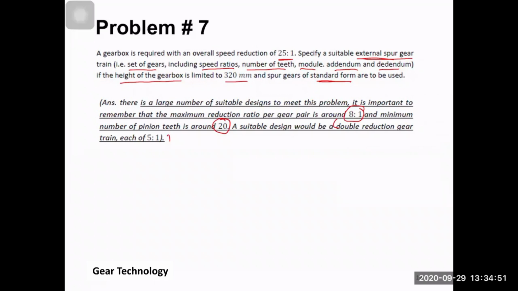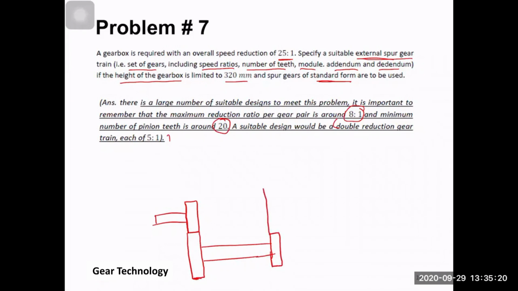I'm just gonna draw a small graph here. Maybe it will be easier. So if you, for example, have an input shaft here, and this is the pinion. This pinion is engaged with another gear here, which is the gear. And then let's say we have another shaft.